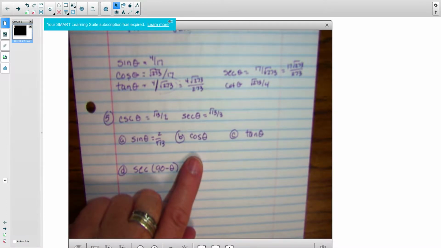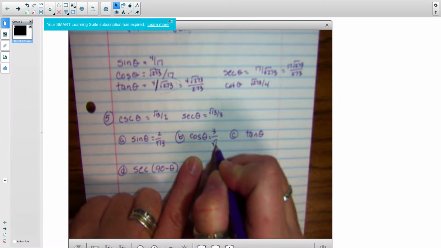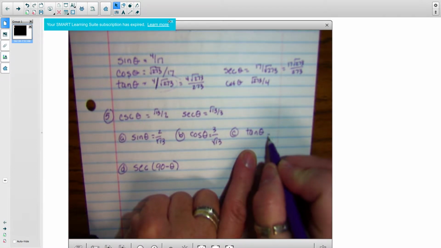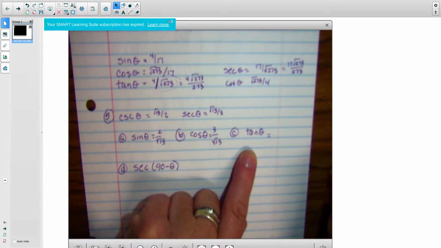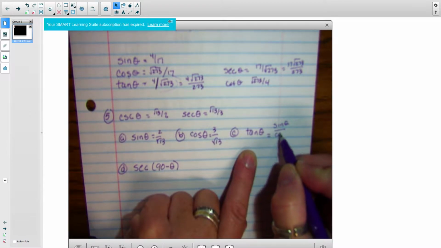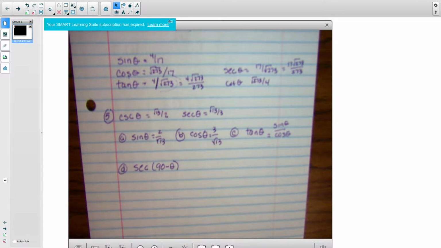Cosine is the reciprocal of secant, which is 3 over square root of 13. Tangent is what? Opposite over adjacent, except we're using the trig identities since we didn't draw our triangle.